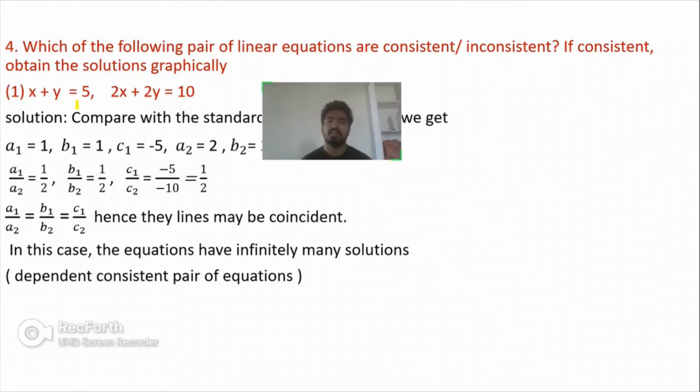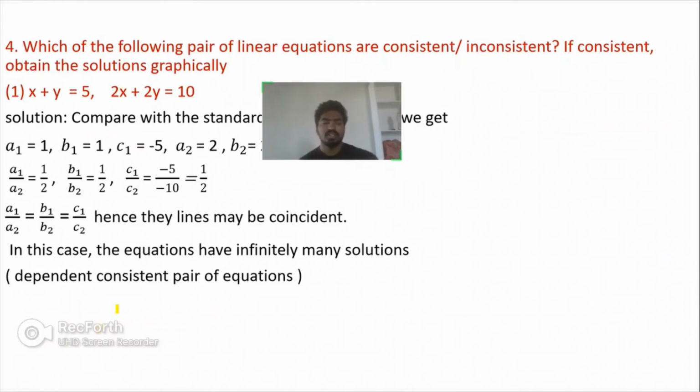To represent any equation graphically, we require some points. The point is nothing but the coordinates of x and the corresponding value of y when the x value is chosen, right? So first equation, x plus y is equal to 5. From that we write y as y is equal to 5 minus x.